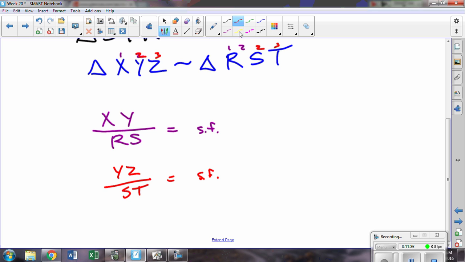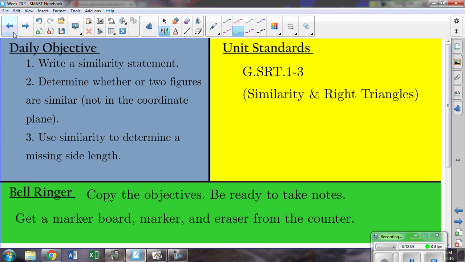And using the wraparound, position 1, 3 matching position 1, 3. So XZ matching RT will equal the scale factor. We will still use the corresponding parts. We just use them in a slightly different way now. All of this information was geared towards understanding the similarity statement, being able to write it, being able to understand it.